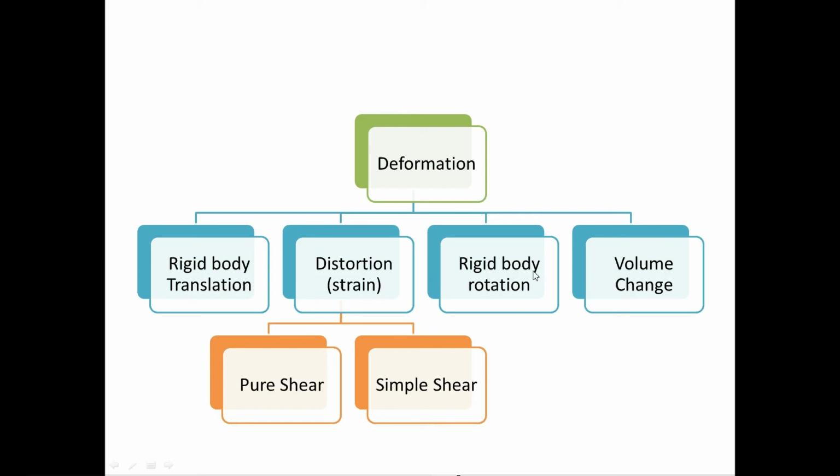Then we have rigid body rotation, where the body is rotated on its own axis, and we might have volume change. So these are representations of the different kinds of deformation a body may undergo. We can call it body deformation if it shows any of them or a combination of them. Okay, so let's discuss each kind of deformation one by one.